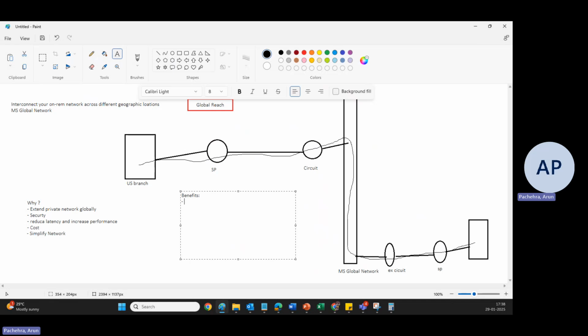The very first thing I see is that it eliminates the need for VPNs or third-party WAN solutions. So it enables a private high-speed connection between different locations.